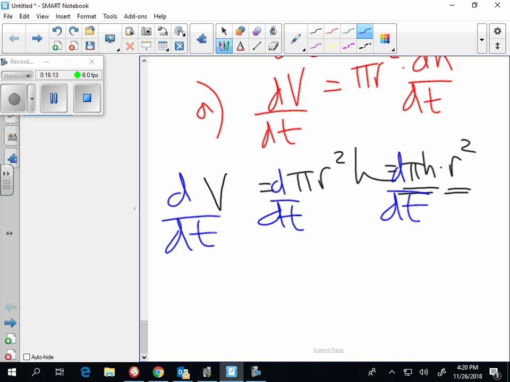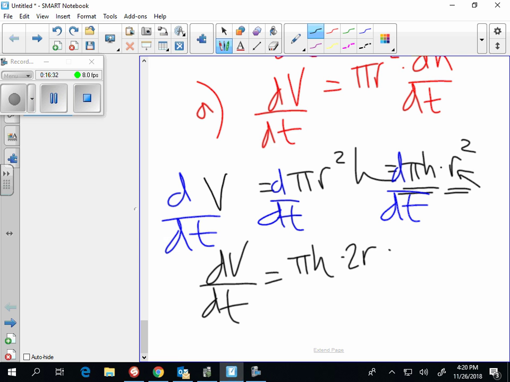And so on the left-hand side, no problem, dV/dt. But on the right-hand side, I have a constant times the derivative of r squared. Well, the derivative of r squared is 2r times the derivative of the inside function r with respect to time, times dr/dt. So 2 pi r h dr/dt.